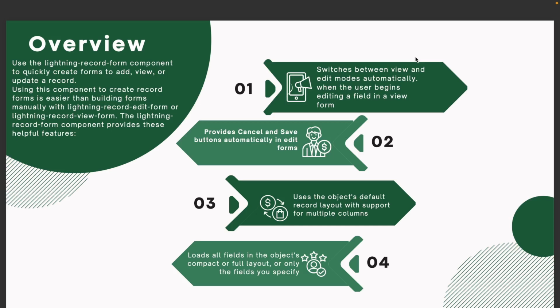Compact layout is similar to the highlights panel where the fields are displayed. So let's see the code and how Lightning Record Form works, and I have also implemented a few other things in it so that you can make your form more scalable, which I have also taken care of. So let's see the working demo.